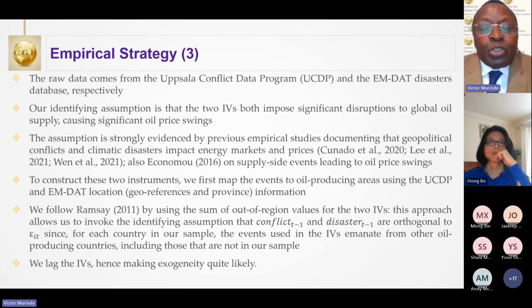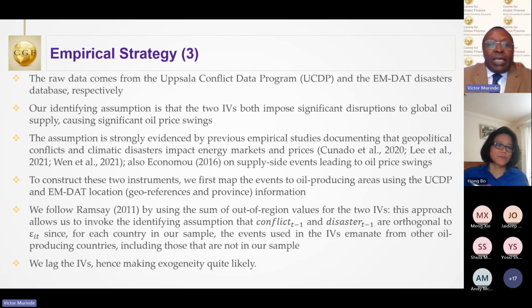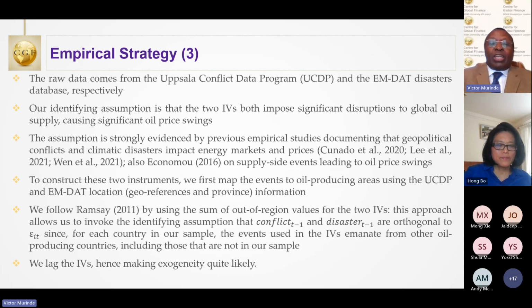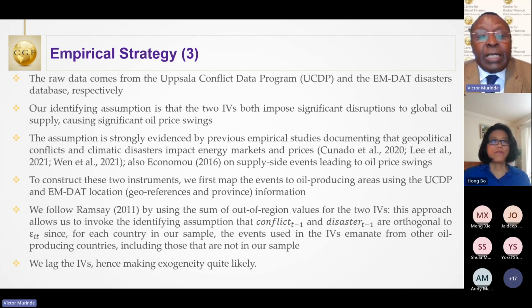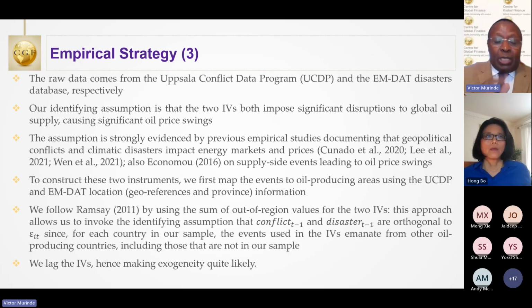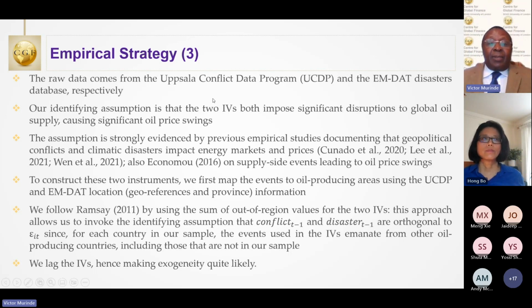Now, also an important component of our empirical strategy is the painstaking data collection that we were involved in. We take our raw data from a number of sources, which we also check for consistency.